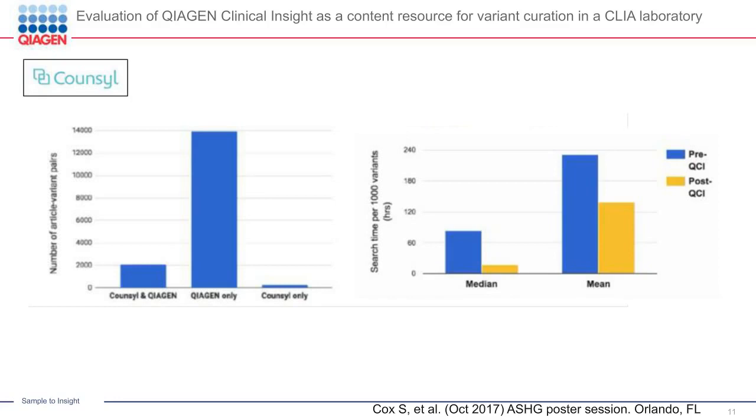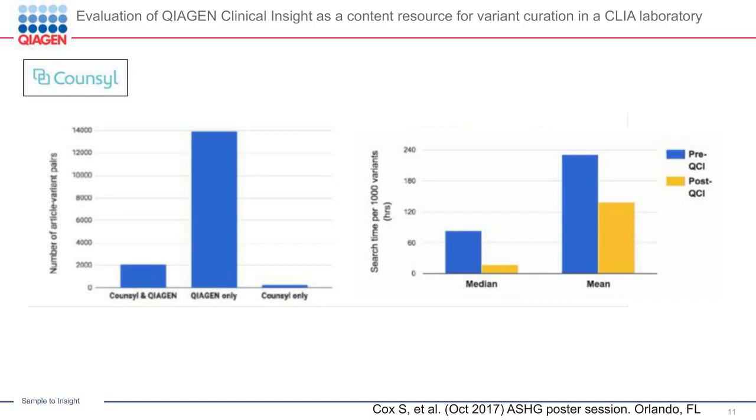And in the graph on the left, you can appreciate the comprehensive nature of our content, where there's a tremendous amount of overlap between variant-specific publications in the Counsel database as well as that in QIAGEN. As you can see, there aren't very many that are unique to Counsel at all, but you can see the tremendous number of variant article pairs that are added with the use of the QIAGEN knowledge base.